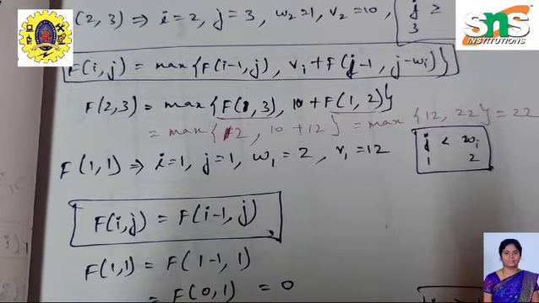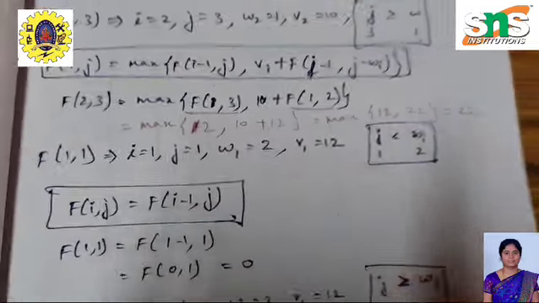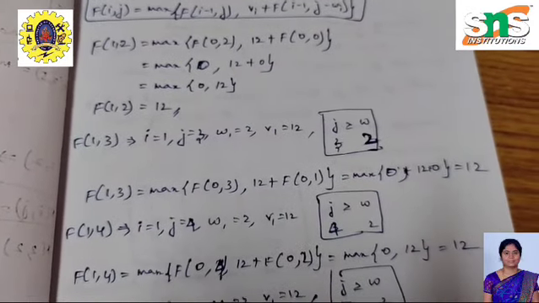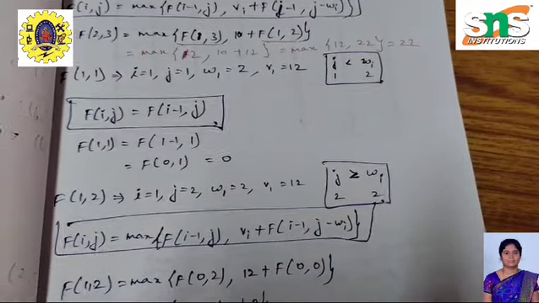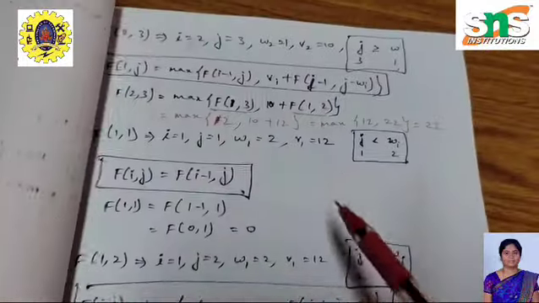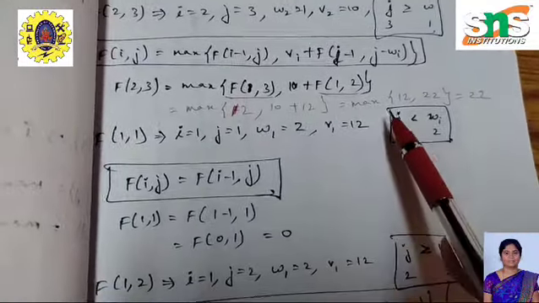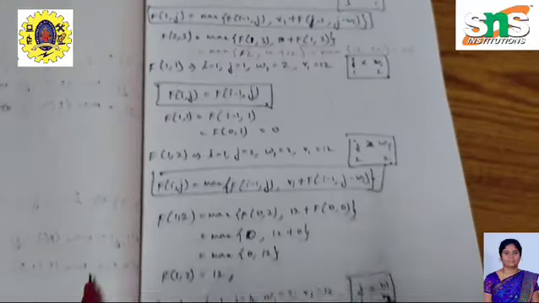So for 2 comma 3, maximum of f of 1 comma 3, we found a value 12. So 12 is substituted there, and 10 plus f of 1 comma 2 is 12, so it is also substituted there. So max of 12 comma 10 plus 12. So maximum of 12 comma 22, and its answer is 22.